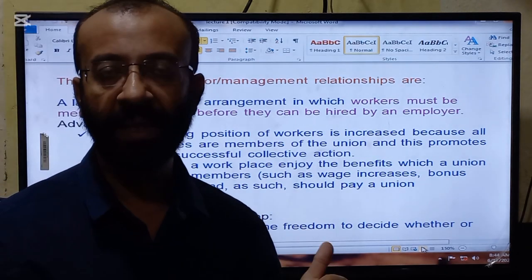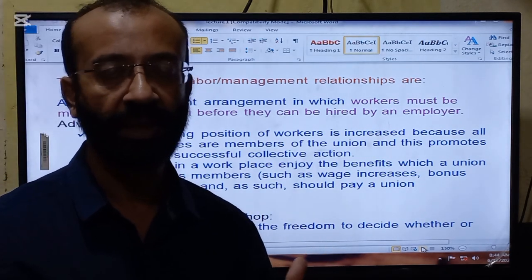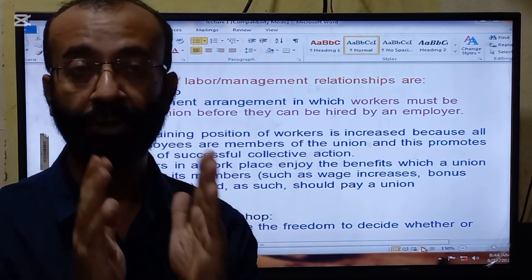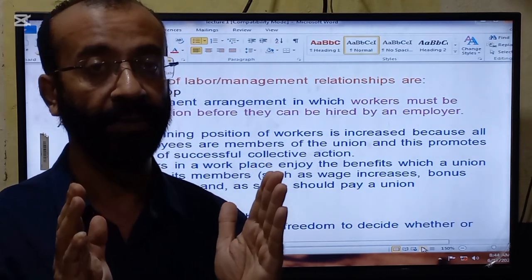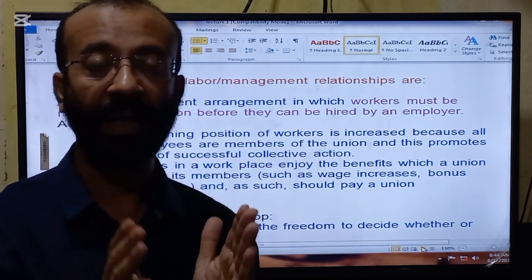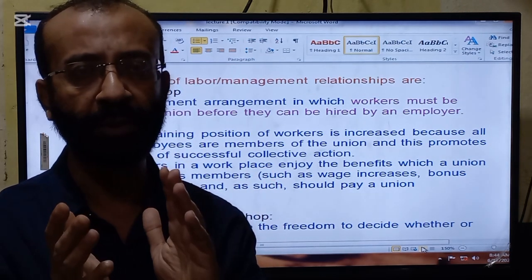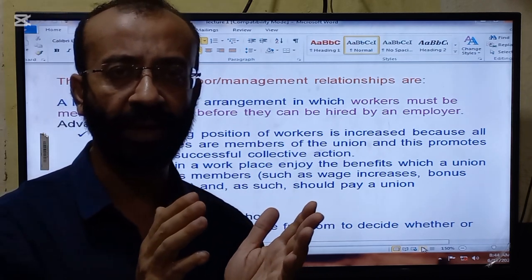Because the worker is forced to join a particular trade union before getting employed, there are advantages for both the trade union and the workers.